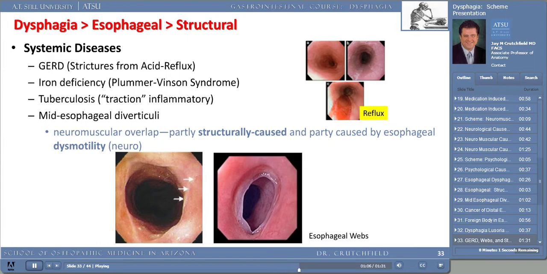For example, a mid-esophageal diverticulum can be a result of nutcracker esophagus or diffuse esophageal spasm, which then causes hyperperistalsis, leading to the formation of a diverticulum. That diverticulum now causes a structural cause of the patient's dysphagia. There is significant overlap here in our scheme.